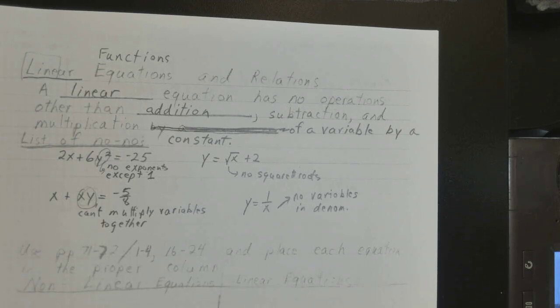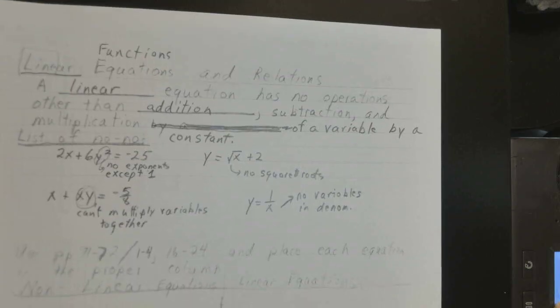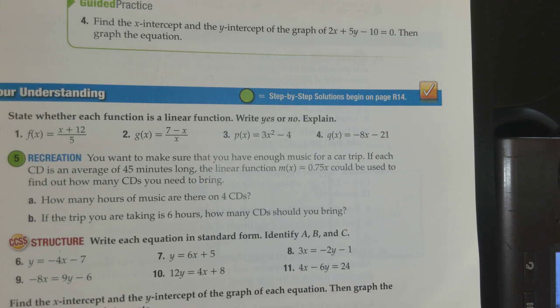All right. So you got your books open to page 71. Let's do that. Open your book to page 71. All right. Number 1. f of x equals x plus 12 over 5. Where do you want to put that one?